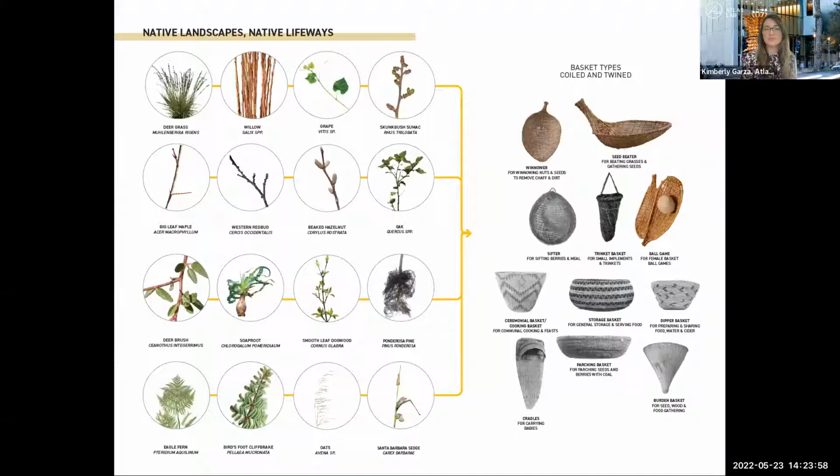Next slide. As we started to investigate this area, we looked at the plant material, and we discovered that this plant material was actually used to make baskets. These baskets are made by the Southern Sierra Miwok tribe.